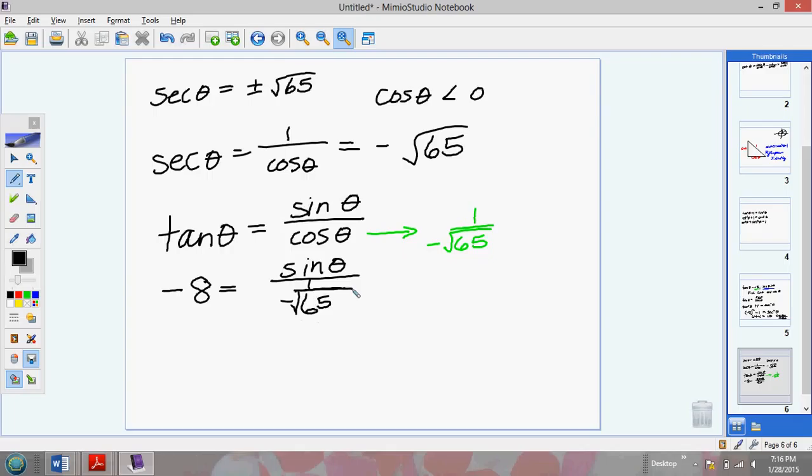Since you're dividing, I can multiply both sides by 1 over negative the square root of 65, which is exactly what I'm going to do.